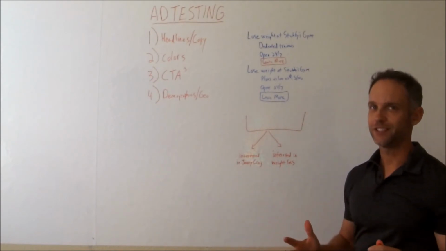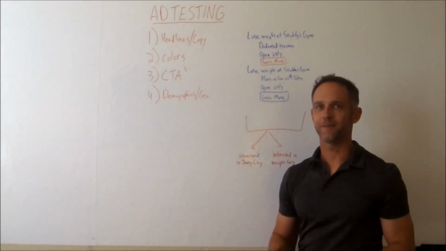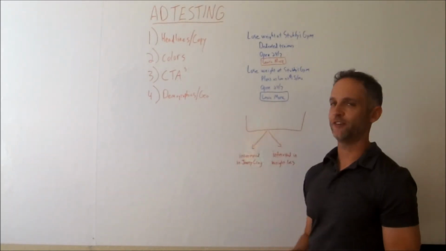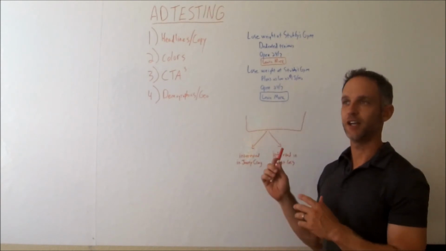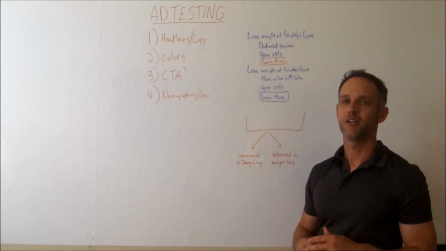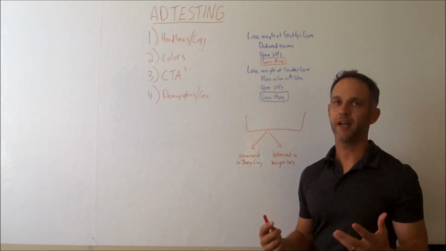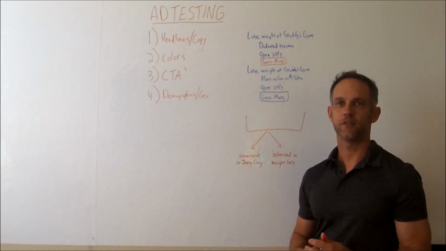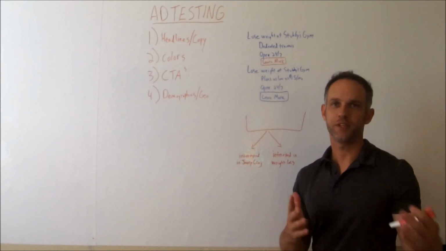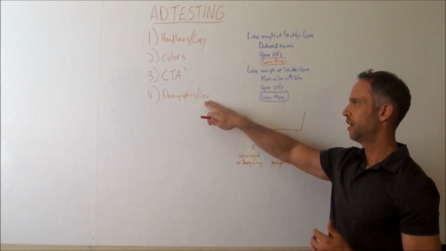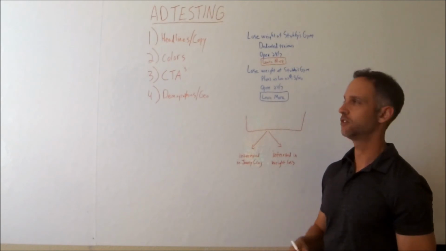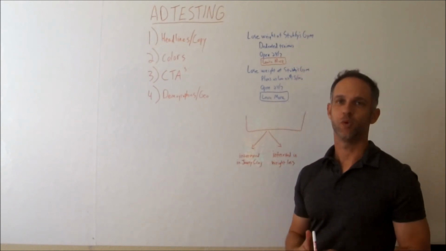Now, another thing that's interesting that I've noticed in a few of the companies I work with is geographic differences. I have noticed that running the same ad in the United States gets a different response than Canada because there are different regional dialects going on. There are different interest levels. Some things are hot in the US and some things are not hot in Canada. Whatever the case, you can test different geographic variations of your ads to see which one is more likely.